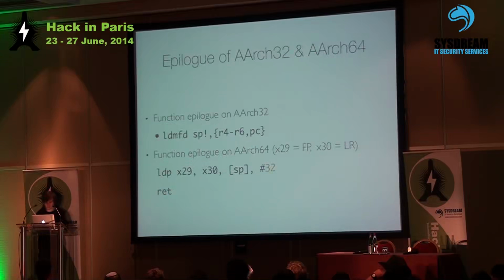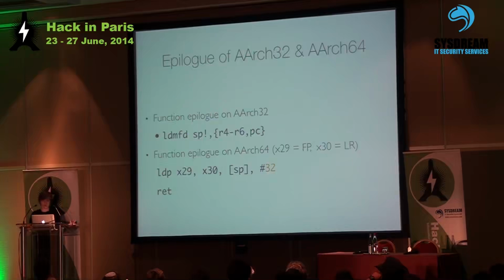If we compare the epilogue of an ARM32-bit executable and an ARM64 executable function, we see that in ARM32, the program counter, the instruction pointer in the memory where the current code is executed, was directly loaded from the stack. This is not possible anymore because on the new 64-bit architecture, the PC, the program counter, is not writable anymore, and it can only be modified by instructions like branch instructions and return instructions.